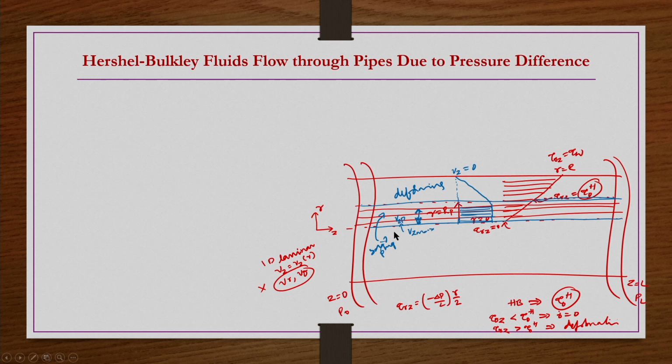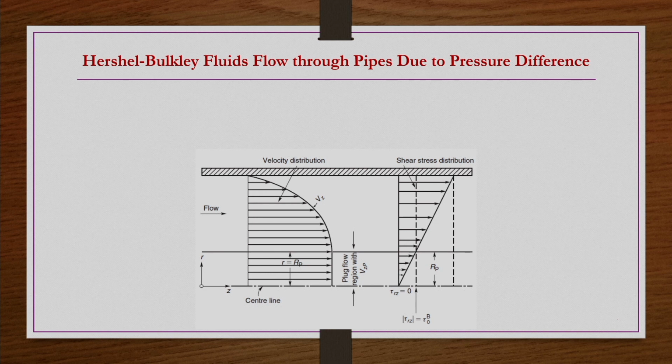I have drawn it only for half of the domain, the same is true for the bottom half of this tube cross section as well. Okay. So, now we are going to derive the required equation for this case. Whatever I have described is pictorially shown here.